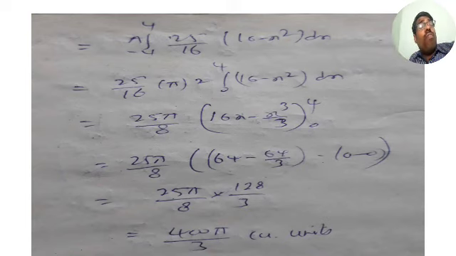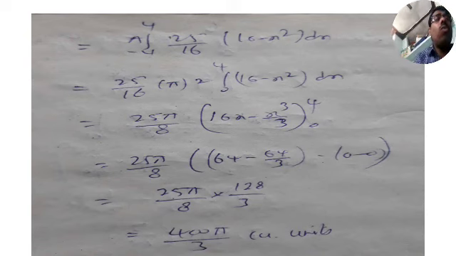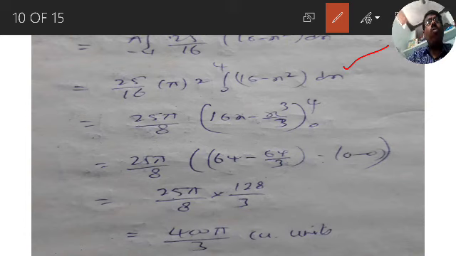So whenever the function is even, integration minus a to a can be written as 2 times integration 0 to a. So here also we write the same: 2 outside, 25 by 16 pi constant, and 2 times integration 0 to 4 of 16 minus x square dx.